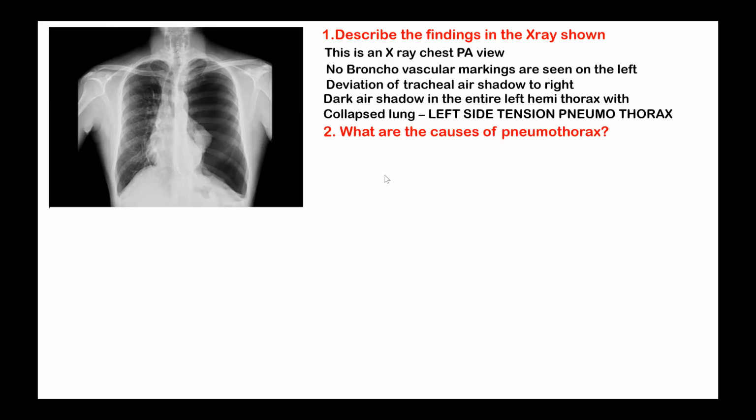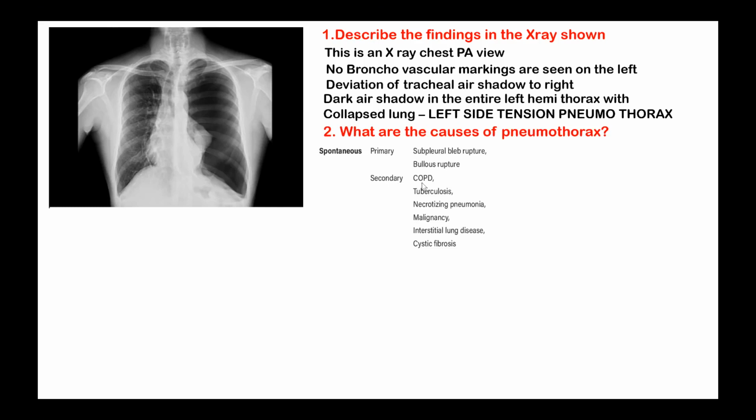What are the causes of pneumothorax? Sir, RTA. Trauma. Spontaneous. Yes, it is classified into spontaneous and acquired. So spontaneous can be primary and secondary. Primary can be a subpleural bleb rupture.